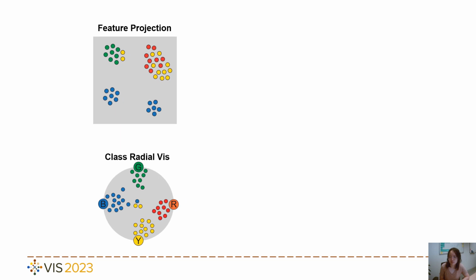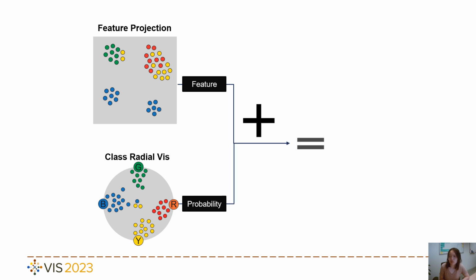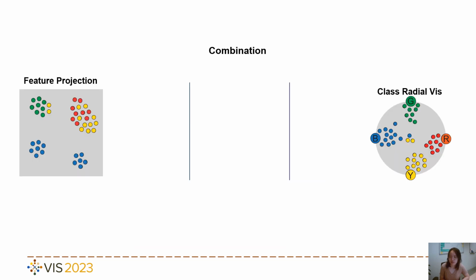Instead of using separate views for data features and class probabilities, imagine combining them into one projection view. Could this combined result help us extract valuable visual patterns more effectively? Let's imagine we already have clusters in the feature projection view.